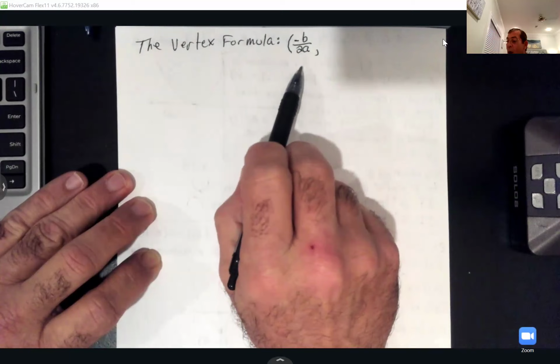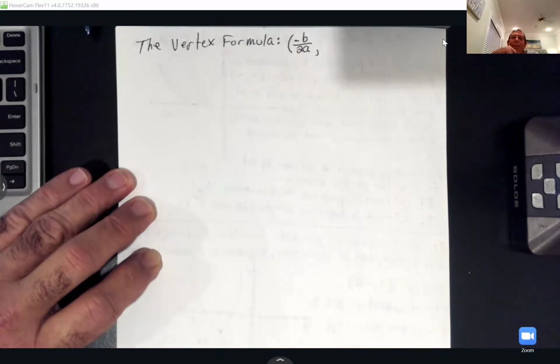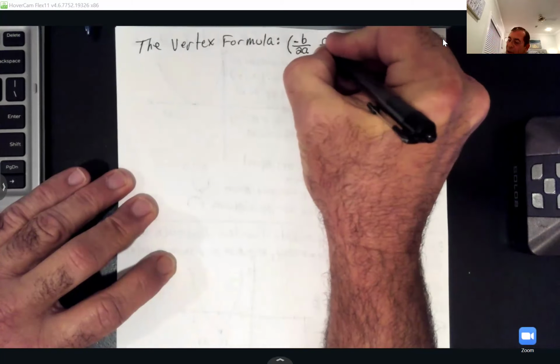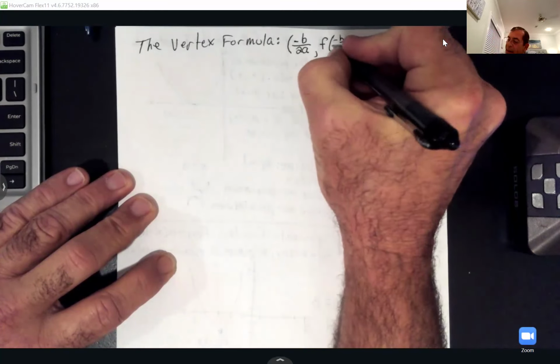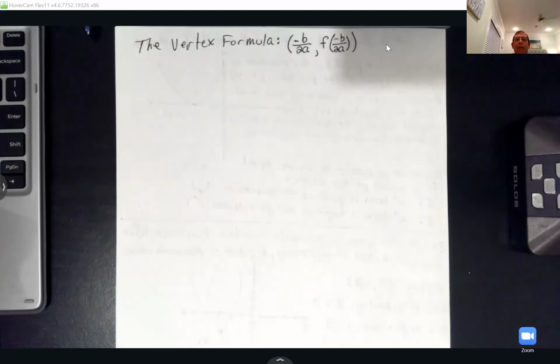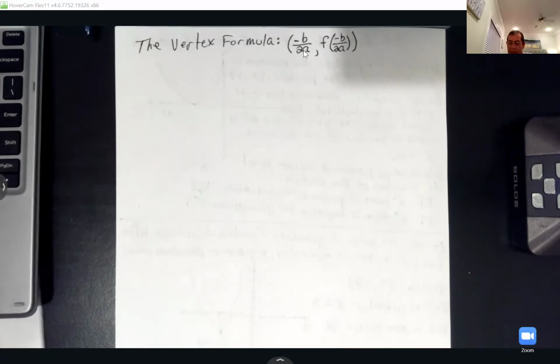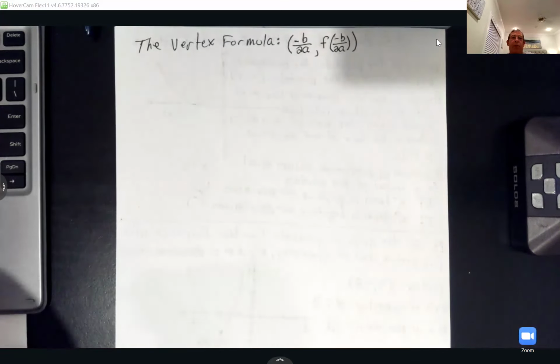And if you remember, the quadratic formula had -b over 2a on it the other day, remember? Now, once I find that x value, I plug it back into the function they're giving me. So that means I'm going to be finding f of -b over 2a. Okay? So we find the x value, then we plug it back into the function and get the y value.